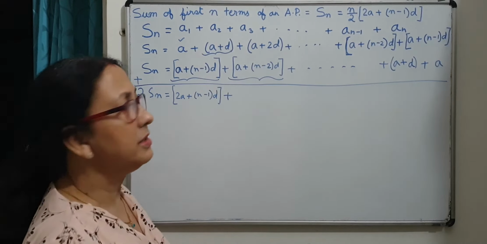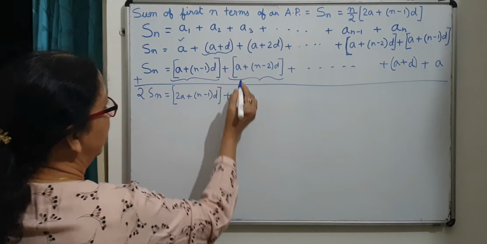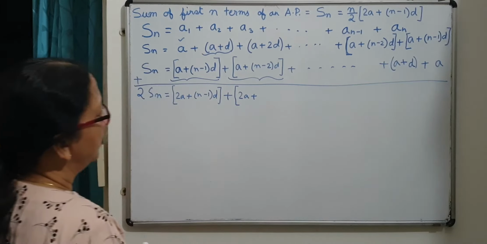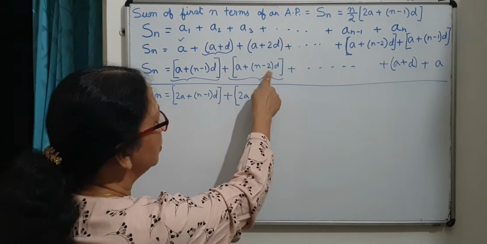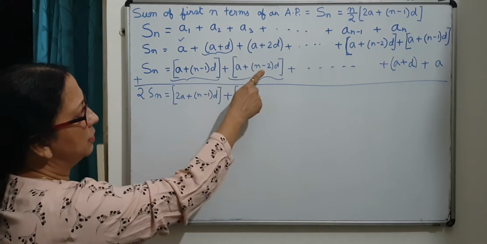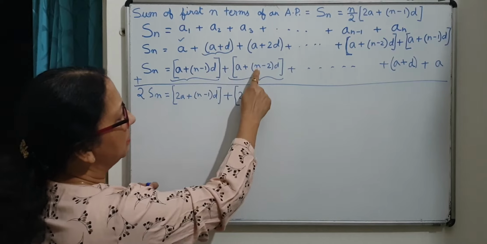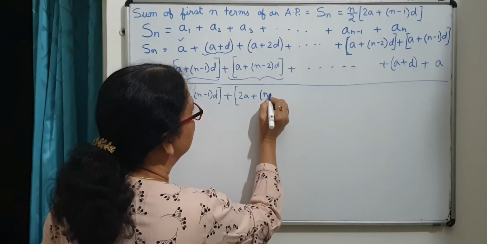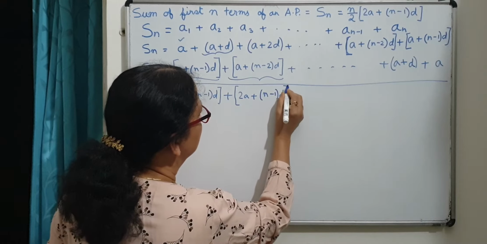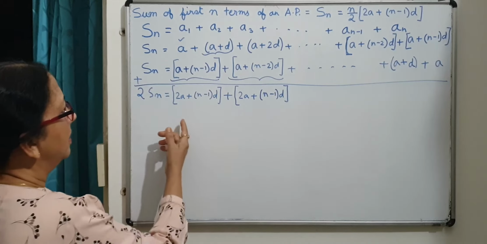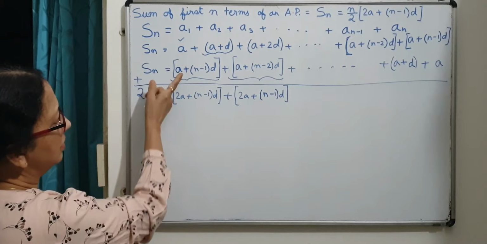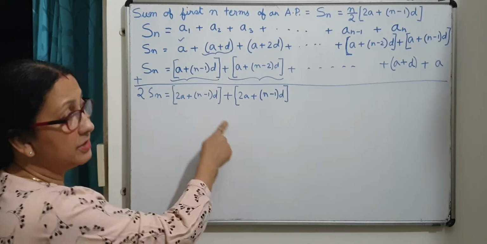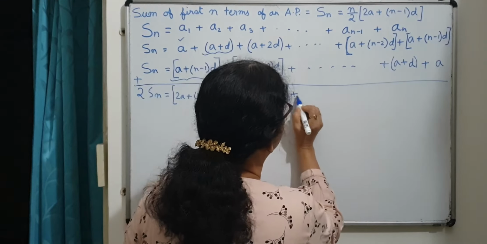Term wise I am adding. So again a plus a is twice a plus, here it is n minus 2 into d and plus d. So if I take d common, then n minus 2 plus 1, so it is n minus 1. So what we observe is that the sum of these two terms is this, and the sum of the next two terms is also the same. We are getting the same in this way.